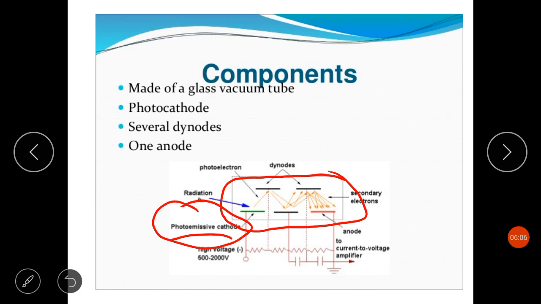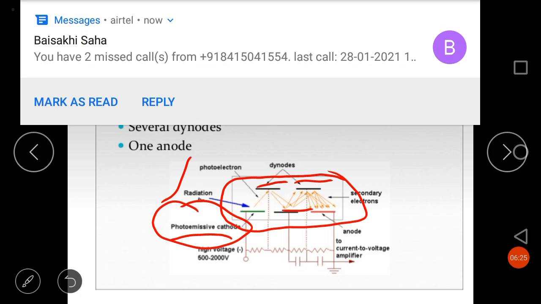This arrangement consists of the photosensitive cathode, and then it has diodes. Diodes are basically intermediate electrodes used for emission of additional electrons.